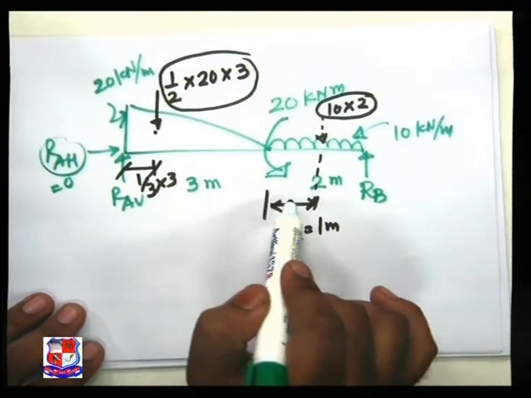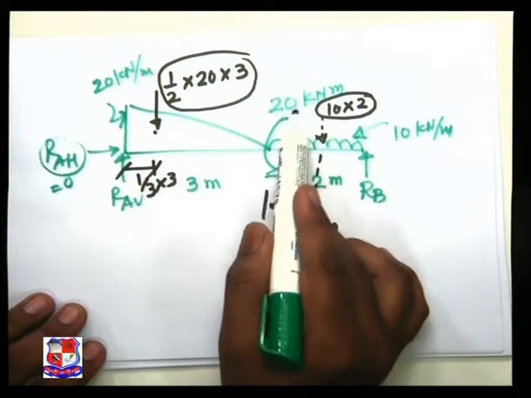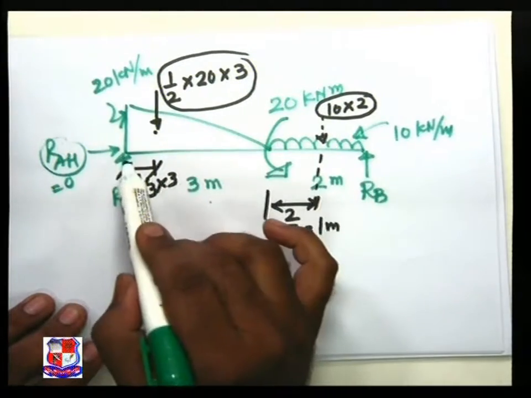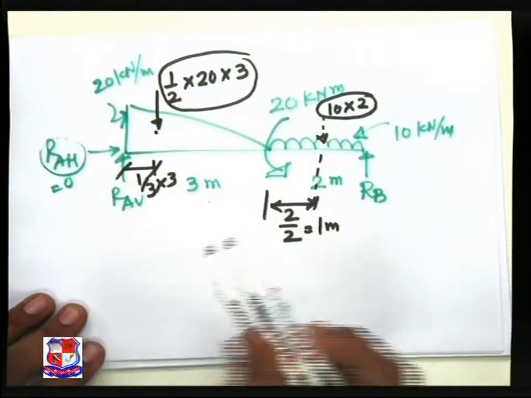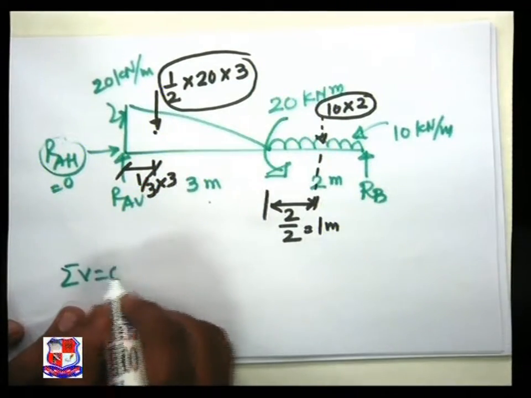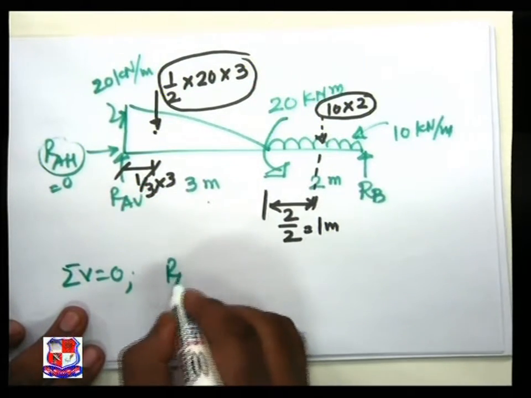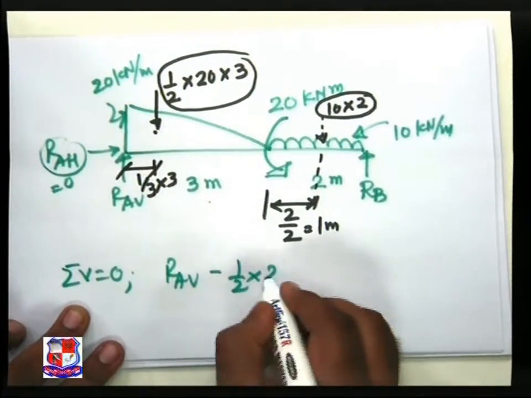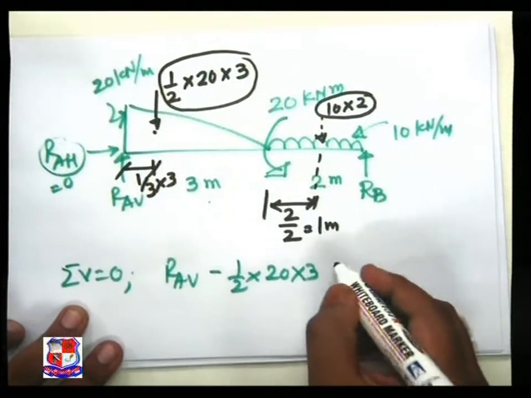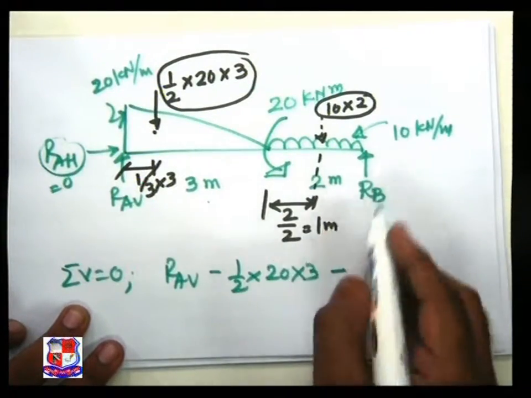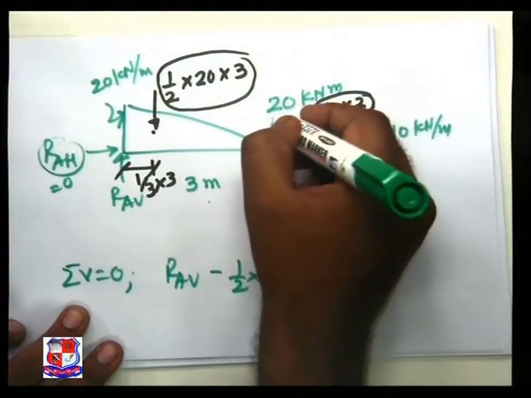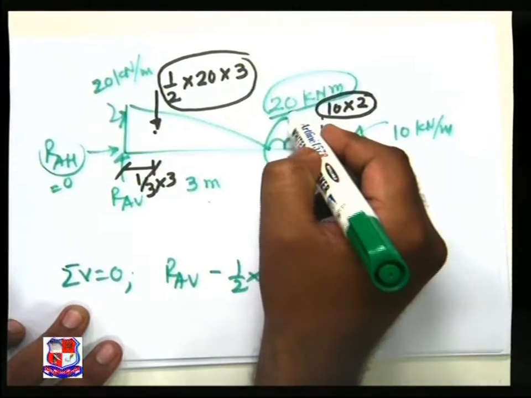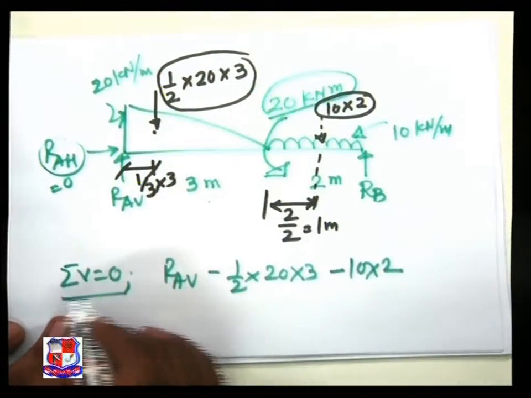All are vertical forces acting, as well as the concentrated anti-clockwise moment of 20 kilonewton into meter at a distance of 3 meter from support A. Taking sigma V is equal to 0, RAV acting upward, minus half into 20 into 3 acting downward, minus 10 into 2. Careful, visualize this 20 is of the nature of moment, so we do not have to use this 20 in this calculation.